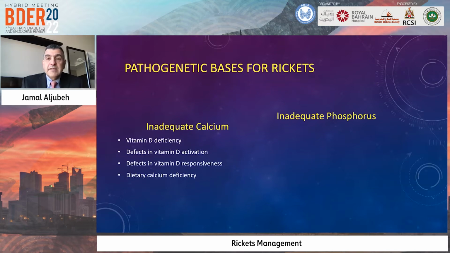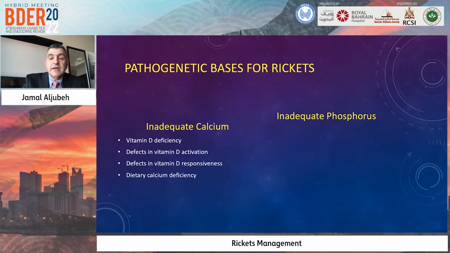In addition, calcipenic rickets in some circumstances can also be due to deficiency in dietary calcium. And that can happen sometimes either on inadequacy of oral calcium, or patients who are dependent on TPN if the calcium is not adequate.